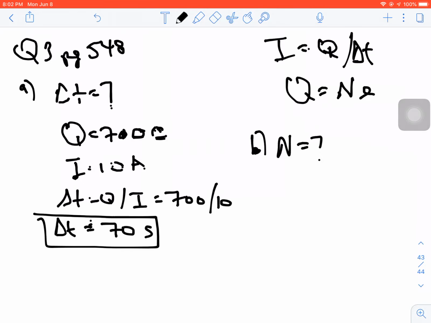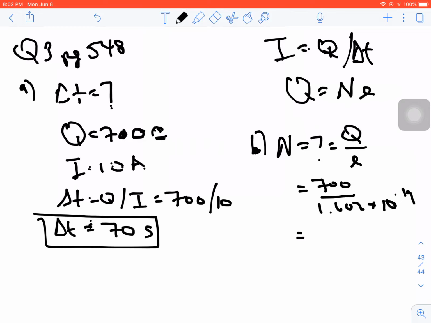So N is going to be equal to quantity of charge divided by the elementary charge, which in this case is 700 coulombs divided by 1.602 times 10 to the negative 19th coulombs per electron, and I'm going to get an answer.